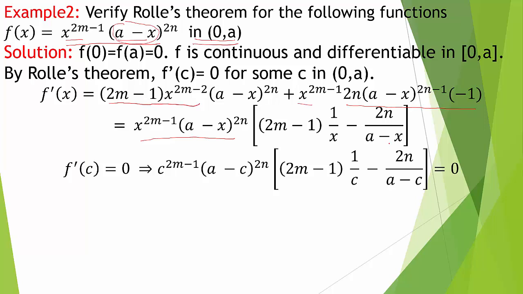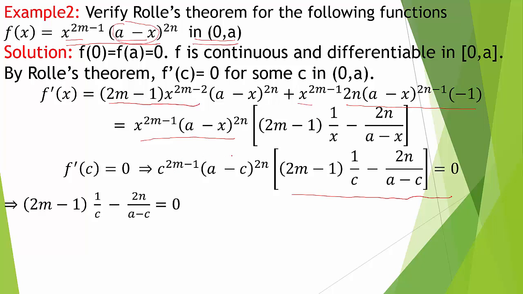Therefore, in this f dash x, we shall put x equal to c, and we will get c raised to 2m minus 1, (a minus c) raised to 2n, times [(2m minus 1) by c minus 2n divided by (a minus c)]. This is equal to 0.